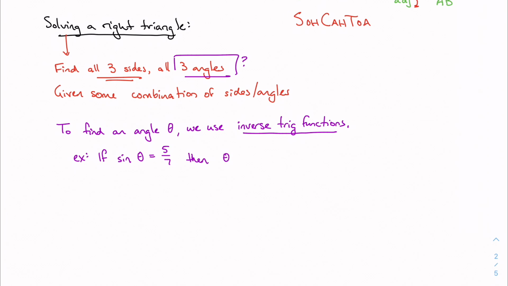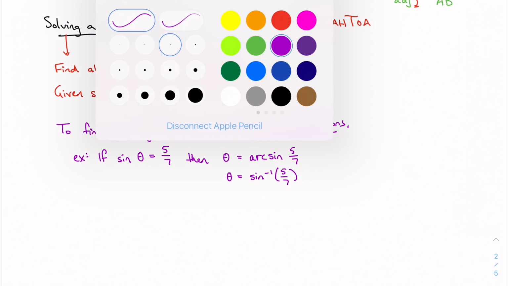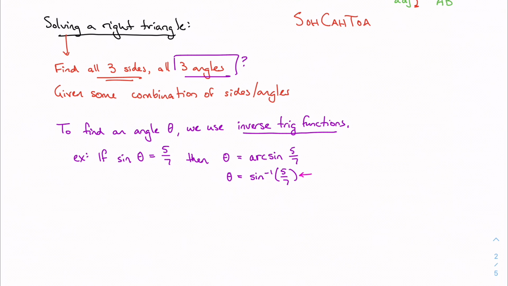Then I can solve for theta by undoing sine, and we have two notations for this. One is arc sine, which our book uses more often. But everywhere else I tend to see sine inverse much more. And this is the notation that you see on our calculator.